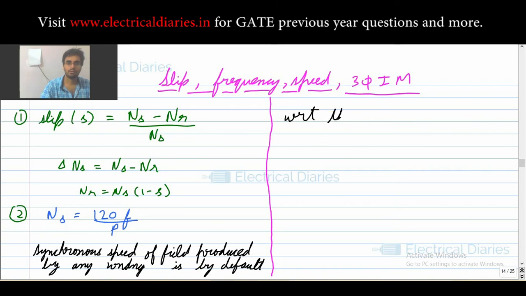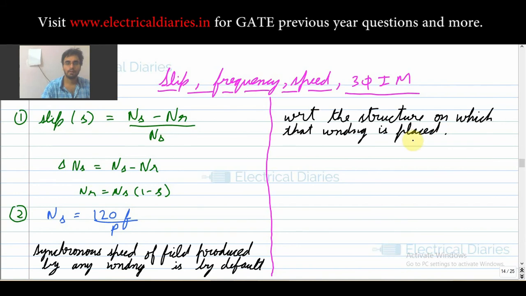We can use this formula anywhere, because when we change the frequency we get different speeds. So always remember that ns = 120f/p gives the synchronous speed of the field produced by any winding, with respect to the structure on which that winding is placed.